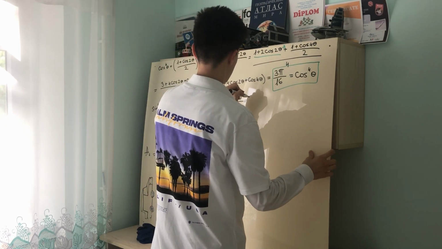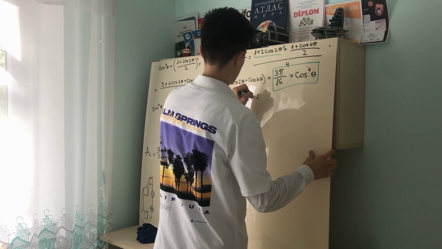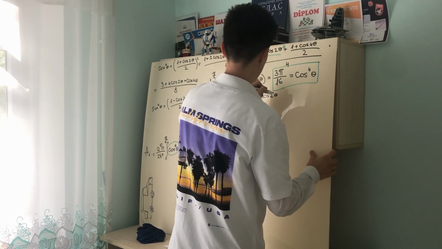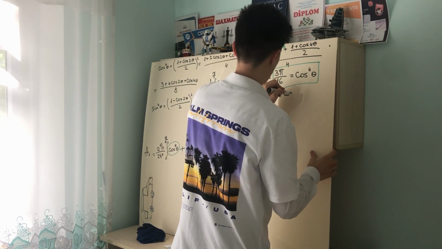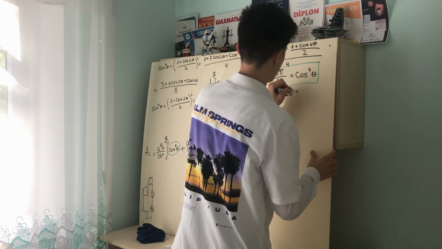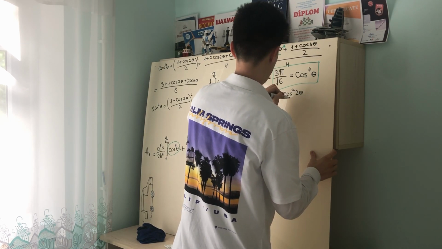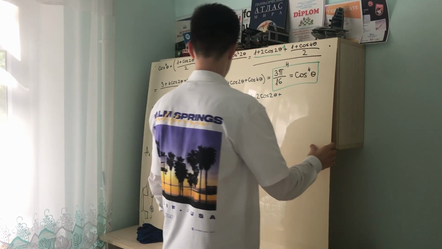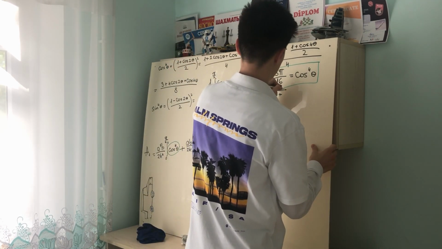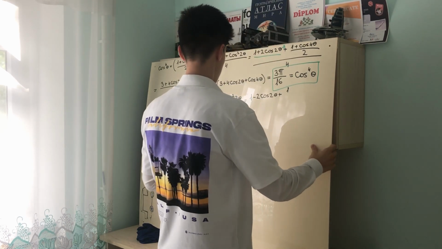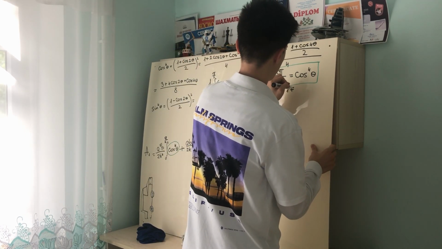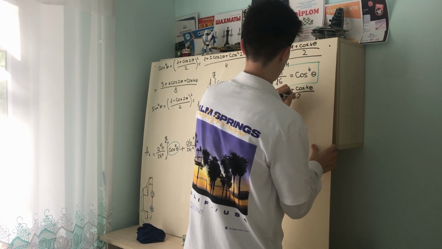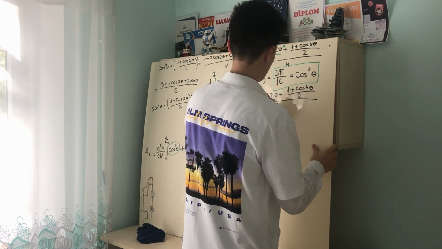So 1 minus 2 cosine 2 theta plus cosine squared 2 theta. No, we can write it as 1 plus cosine 4 theta over 2 and everything over 4.